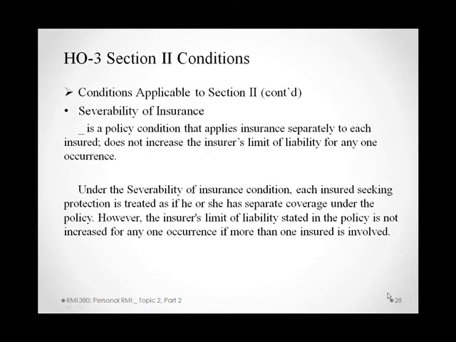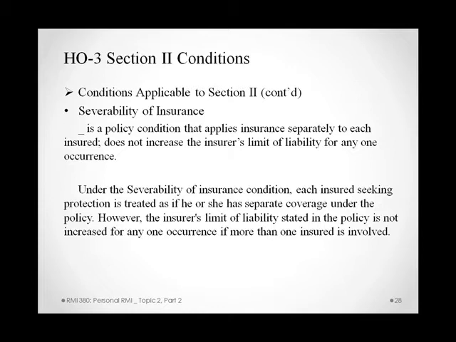The severability of insurance is a policy condition that applies insurance separately to each insured, and it does not increase the insurance company's limit of liability for any one occurrence.